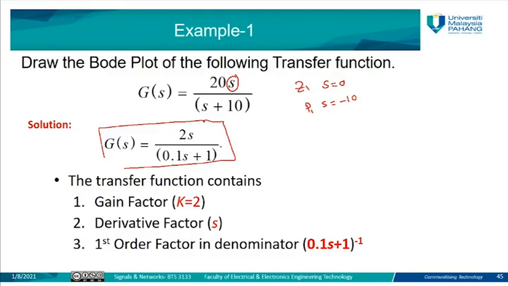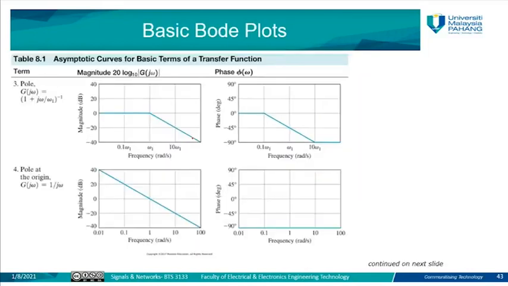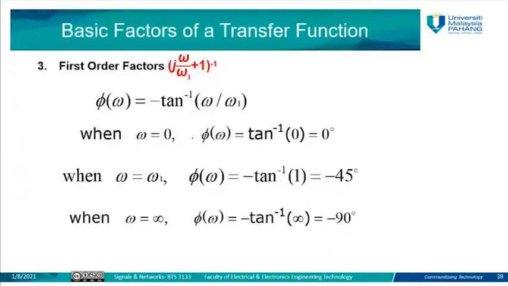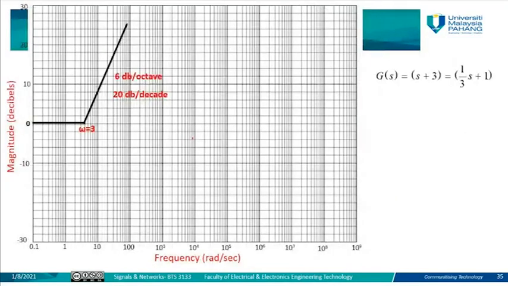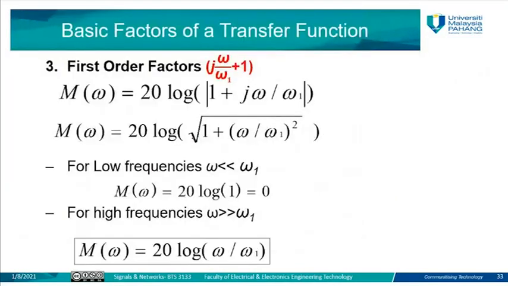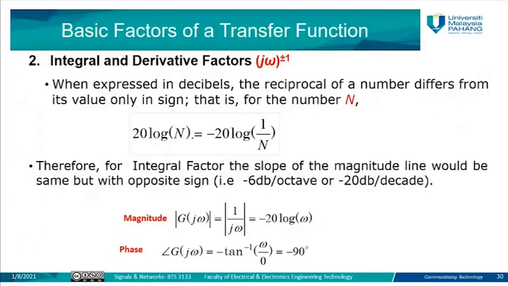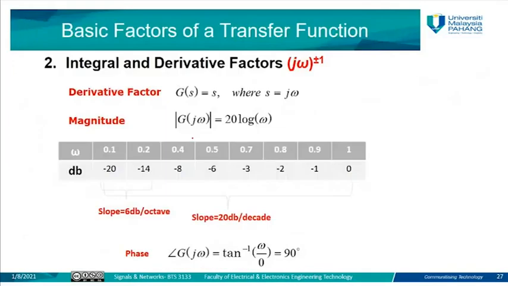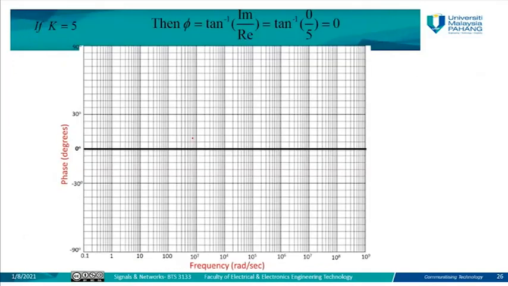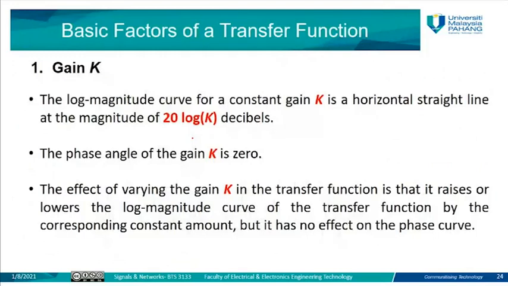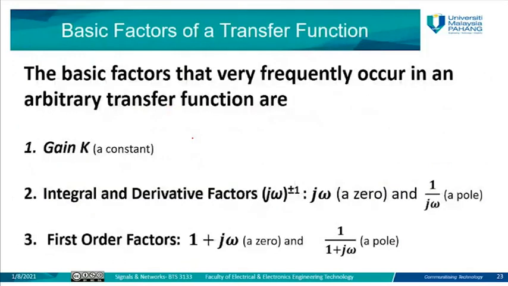Okay. The second step here, we need to identify the various factors or components of this transfer function. Last time we said we have five types of component: the magnitude, the integral, the derivative, and also the first order zeros and the first order poles.